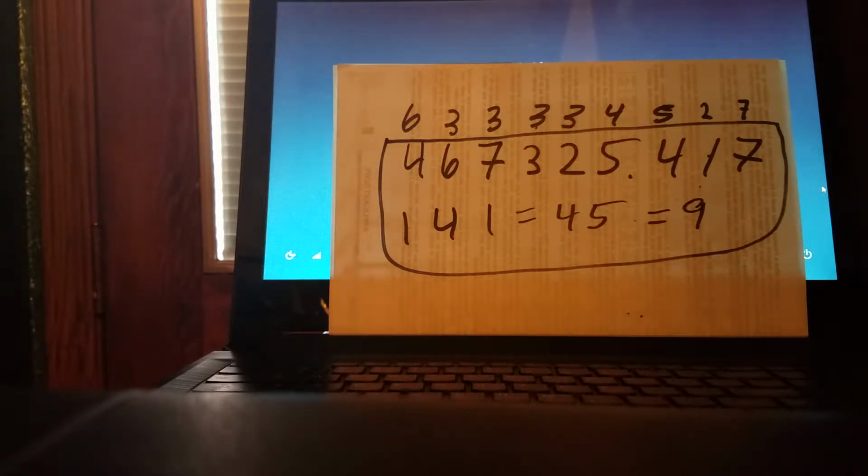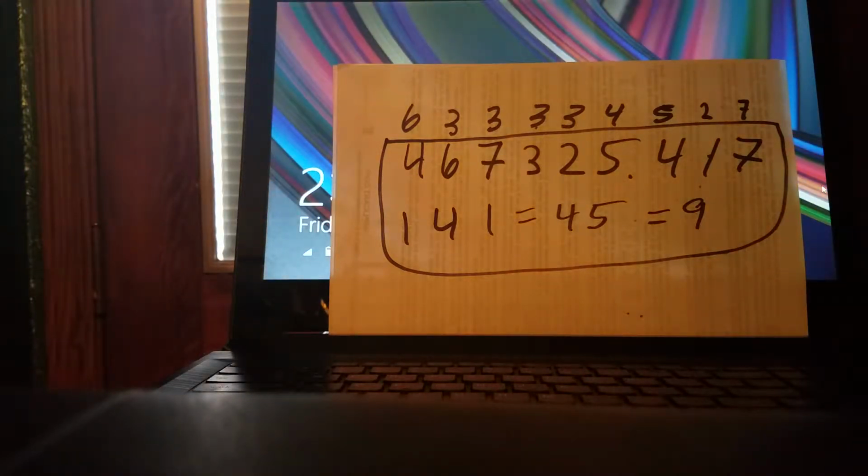So that's the commonality between the 3s, 6s, and 9s. Interpret that as you may, but there's a lot to be understood about that, and that's why this is a 369 code.